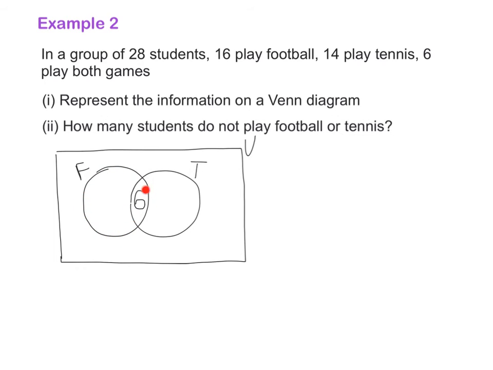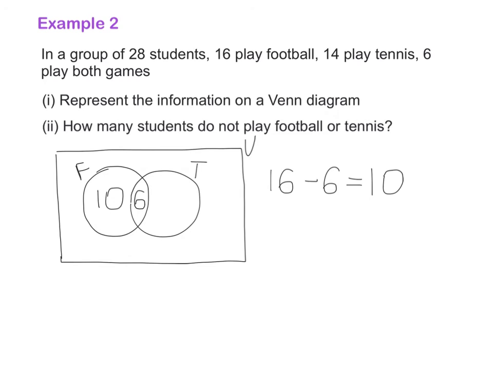We have 6 already in here, so 16 minus 6 equals 10, and 10 goes in here. So as you can see, we have 16 students who play football. 10 and 6 is 16. 16 students in this circle.